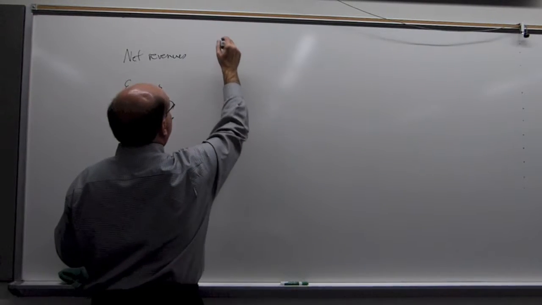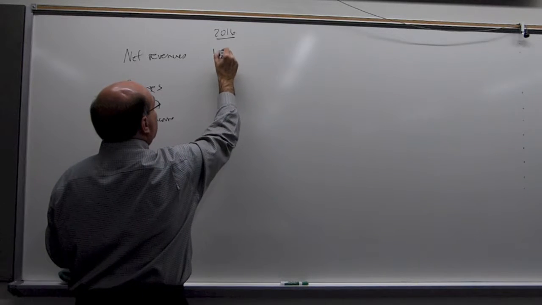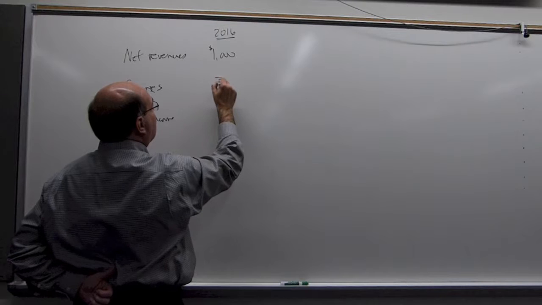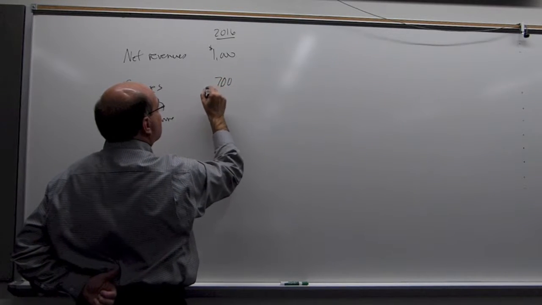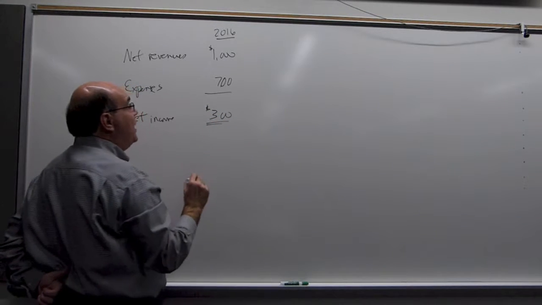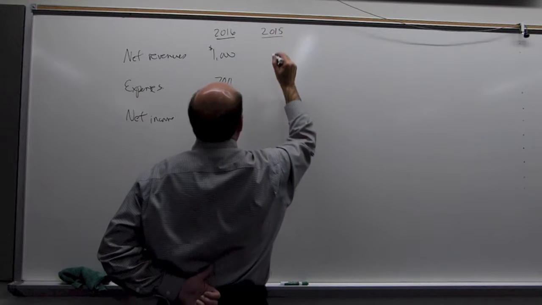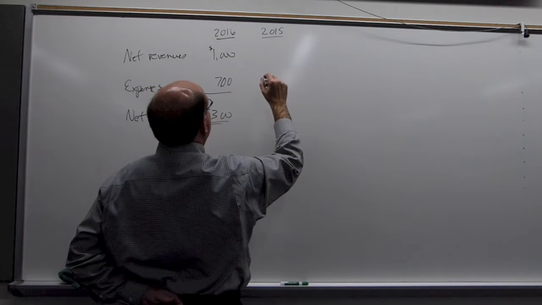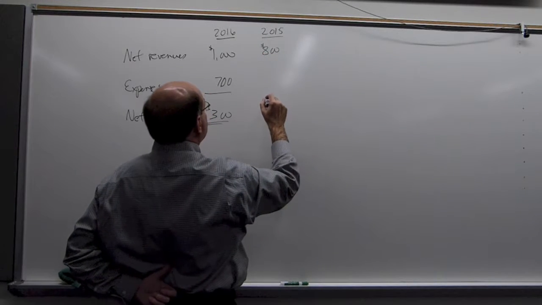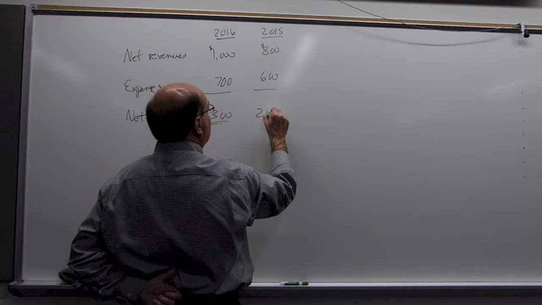Let's say for 2016 you have $1,000 and $700, and so net income is $300. And then last year, 2015, let's say that was $800, and this was $600, and so your total was $200 net income.